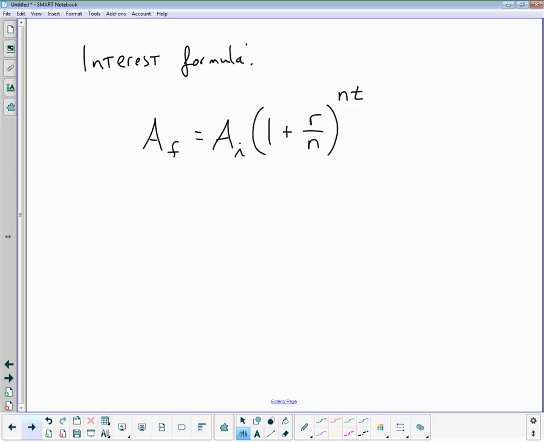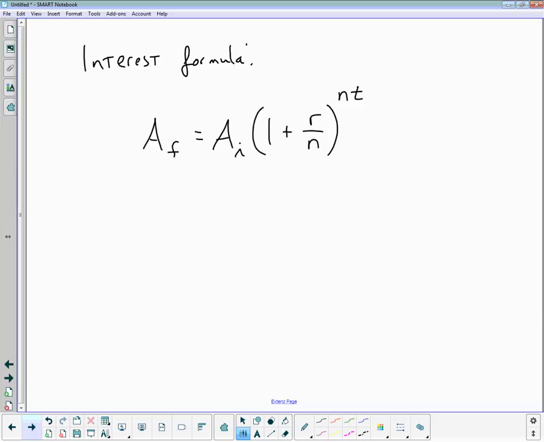I own a bank, and you have $1,000 that you want to deposit in the bank. And I say to you, guess what? I'm really, really nice. I'm going to give you 100% interest. Not bad. Deposit your $1,000 on January 1, roll back the next January 1, boom, you got $2,000.